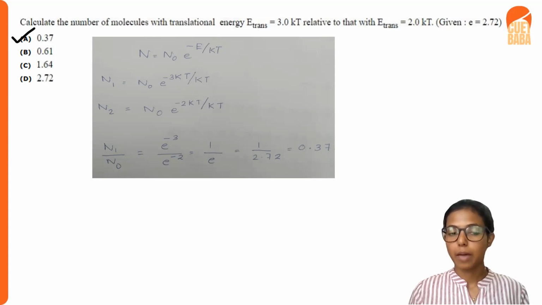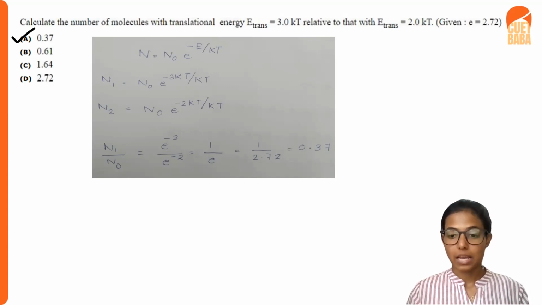So it will become N0 e raised to minus 3, and for N2, N2 is equal to N0 e raised to minus 2kT, that is the energy of the second state divided by kT. So we are going to find the ratio, it is asked that we have to find the ratio.